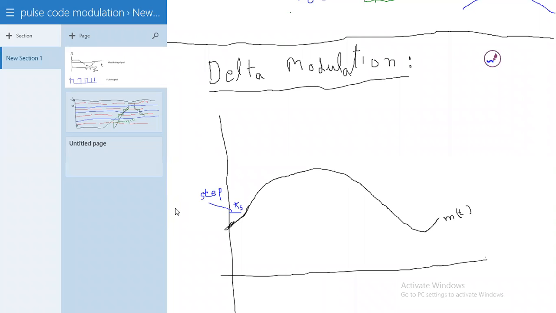This is our original signal, the modulating signal. The step signal is compared with this original signal. Here we compare the amplitudes of both signals. If the step signal amplitude is greater than the modulating signal, then the step signal is decreased by 1 step.